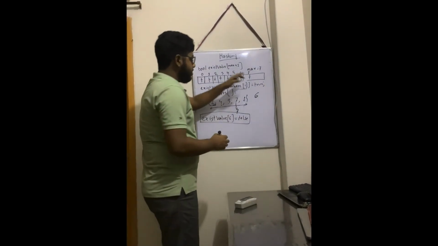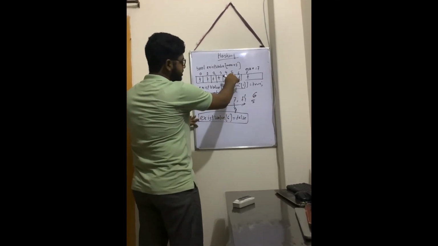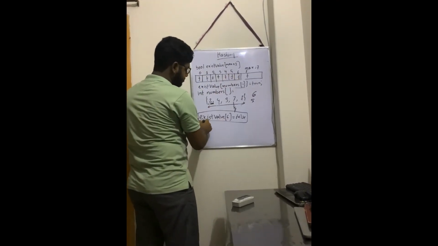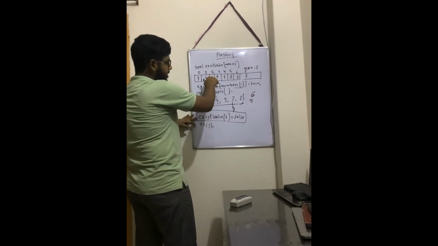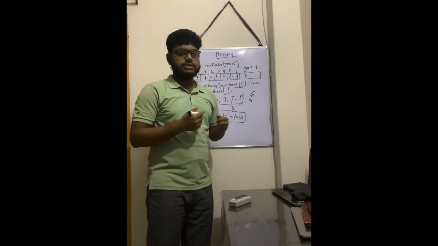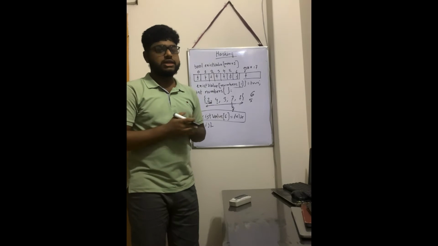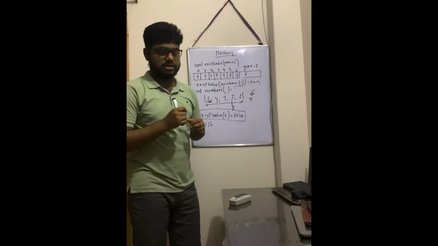Again for 5, 5 does not exist in the array, so it is false. But for 2, we see that it is true, right? So we can say that 2 exists in this array. This is the main technique of hashing, and that's why hashing is called a searching technique.